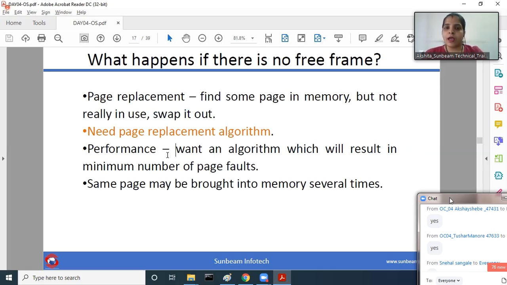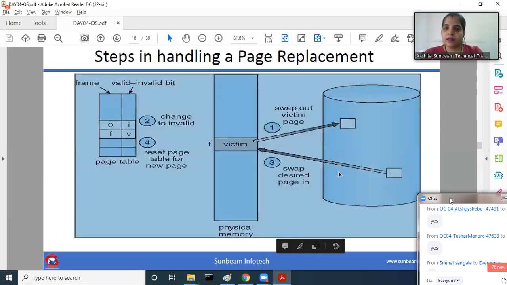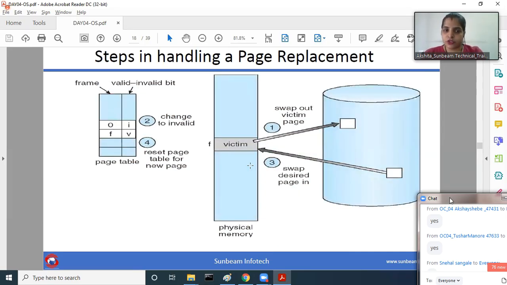So the selection of that page is based on the page replacement policy. There are 3 categories. Whichever page I take out is called the victim page, and I swap in the desired page.